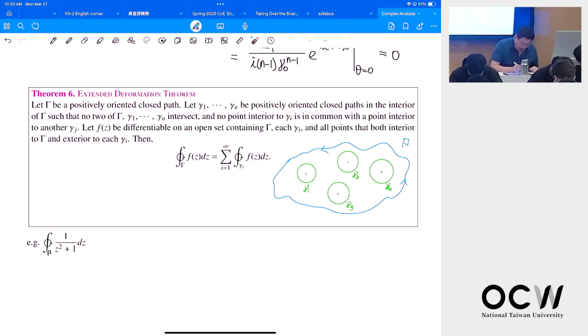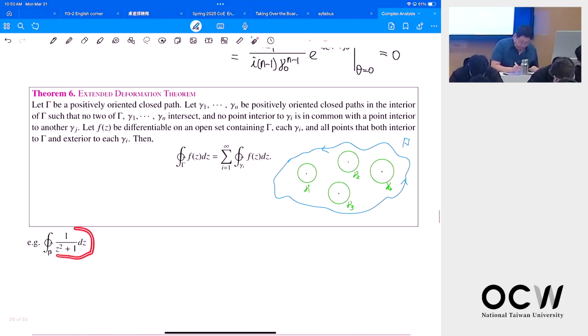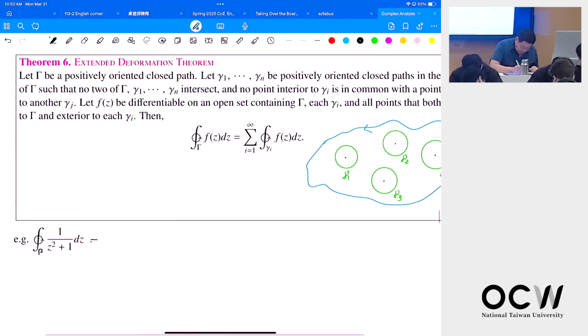I want to find the integration with a closed curve, tau. For this complex function, we can extract that into 2 parts. I have 1 divided by z plus i, and also 1 divided by z minus i.